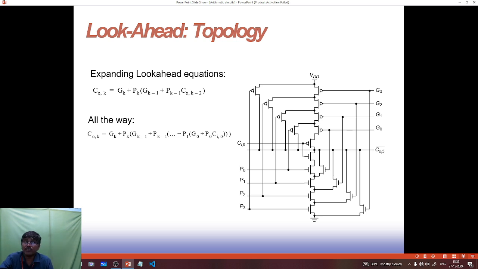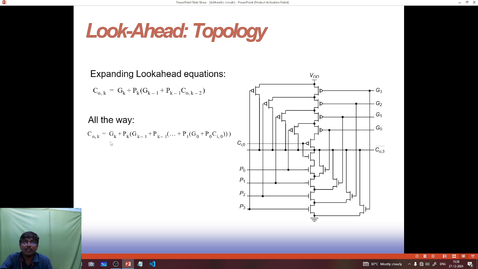So here we have generates G3, G2, G1, G0 and C0 bar 3, and here propagates P0, P1, P2, P3, and Ci0, and the VDD supply. So we have drawn the circuit by implementing the equations in this diagram.